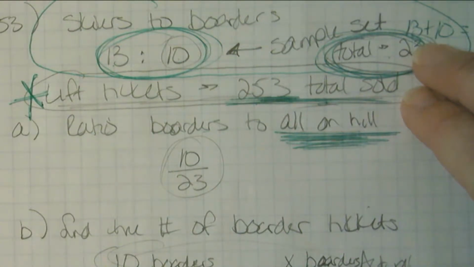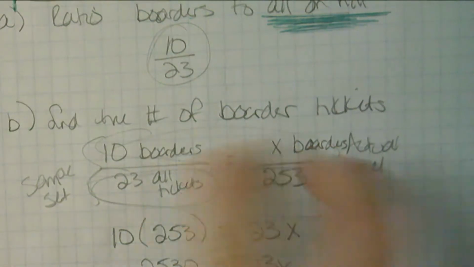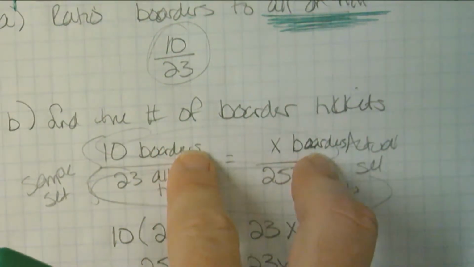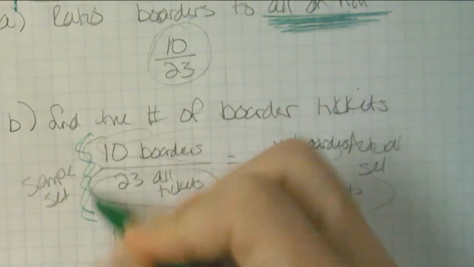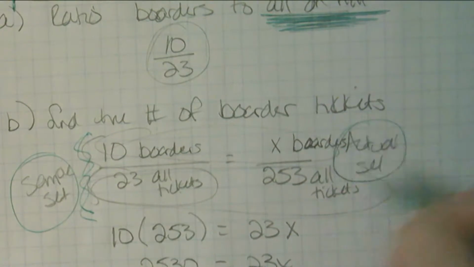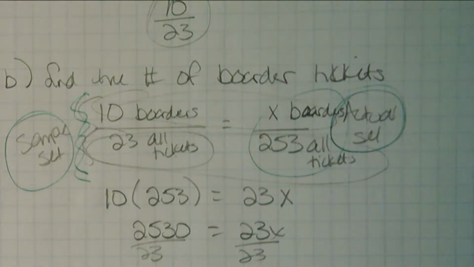Are you with me? All right. And then the 10 and then what's missing go together with information. So I have my sample set ratio here. I have my actual set of ratio here. Does that help you? Awesome.